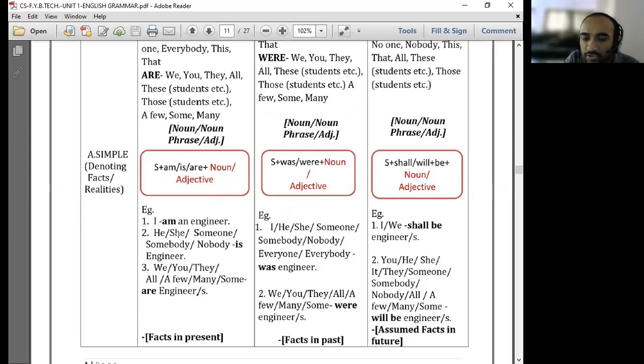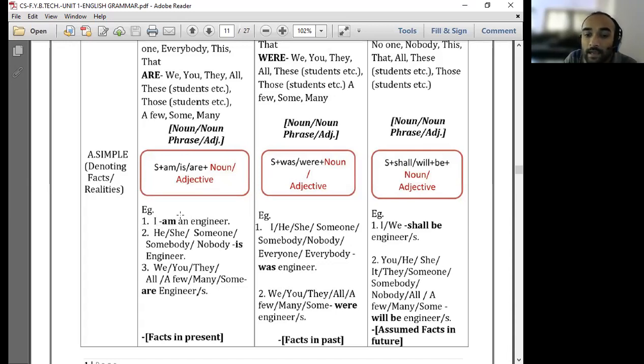I am an engineer. Here, I is the subject, okay? And we are using am. After I, we are using am and not is or are. So I is followed by am. I नंतर काय येतं? Am येतं, okay?